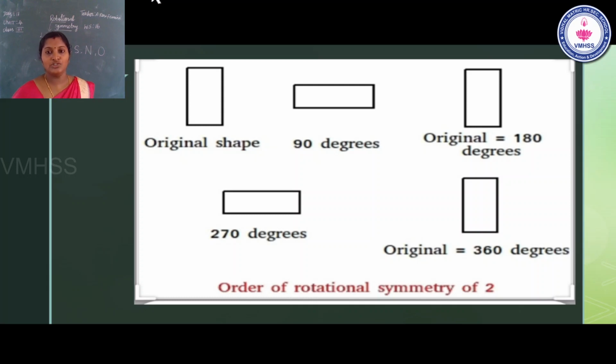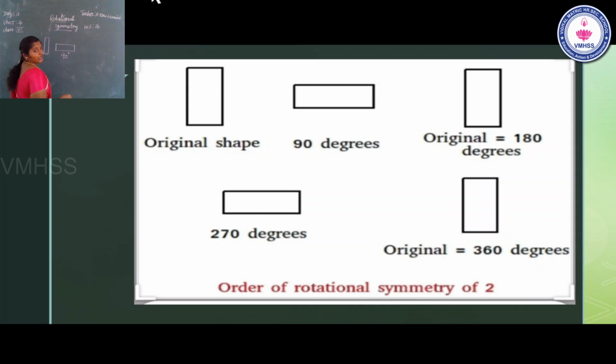So next we move to one of the shapes. So what is the shape? So this is a rectangle. Okay, dear children, listen. So this is the original shape. Okay, so this is the rotation, 90 degree.